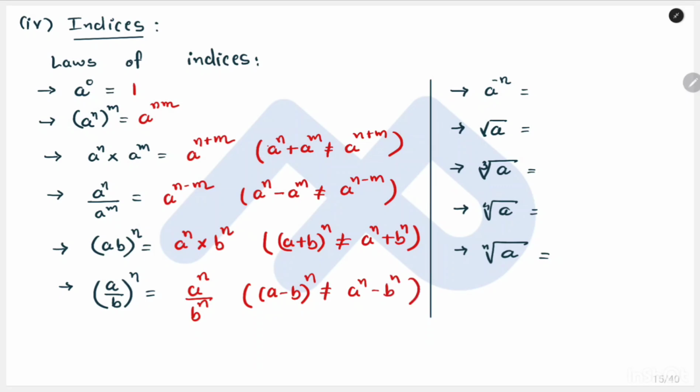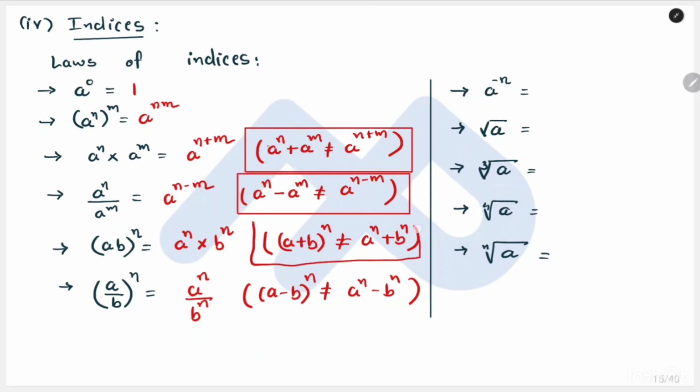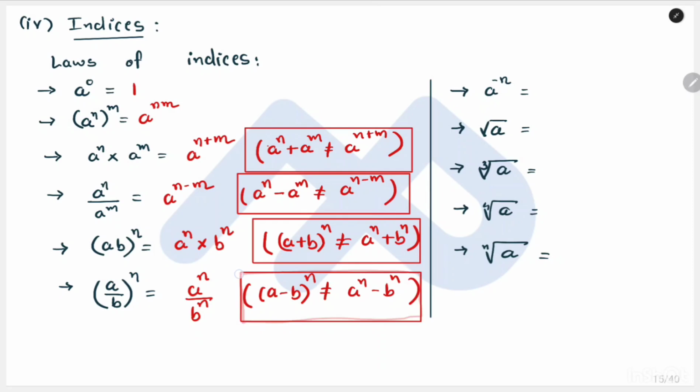Okay, so I'm making a box here, so that you don't make the mistakes. Keep this in mind, they are not the same. There is no rule of indices for addition or subtraction. It's quite funny that laws of indices are very biased to multiplication and division. There is no rule for addition or subtraction.